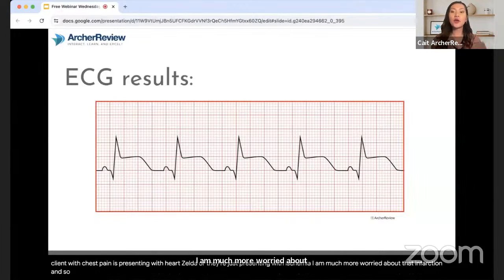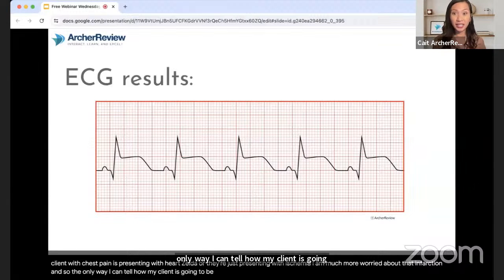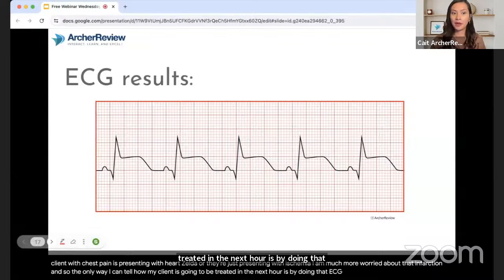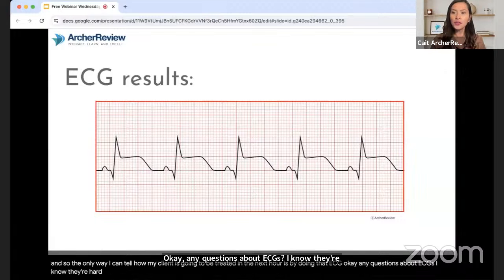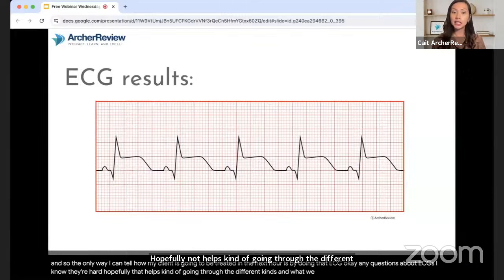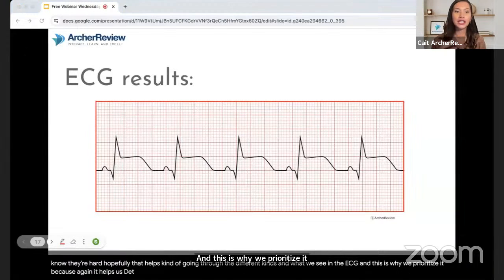And so the only way I can tell how my client is going to be treated in the next hour is by doing that ECG. Okay. Any questions about ECGs? I know they're hard. Hopefully that helps, going through the different kinds and what we see in the ECG. And this is why we prioritize it, because again, it helps us determine what's happening with our client.